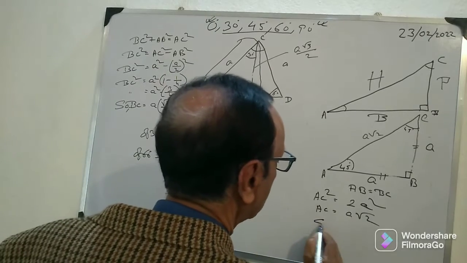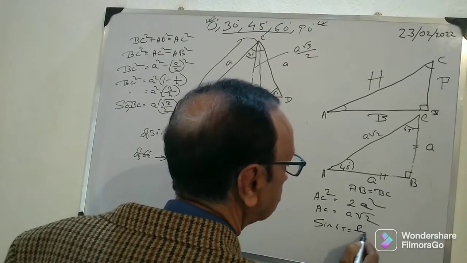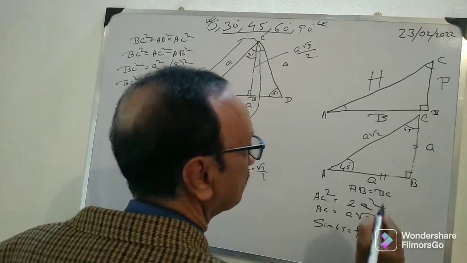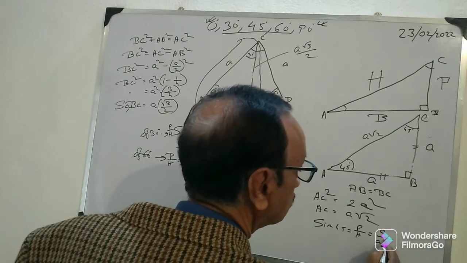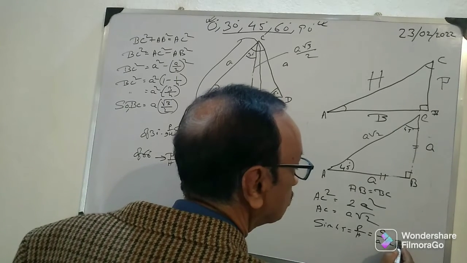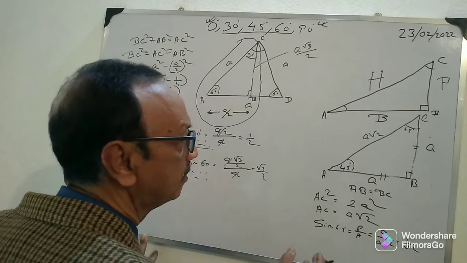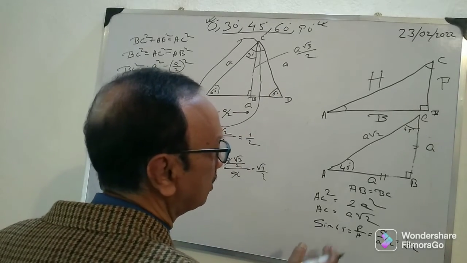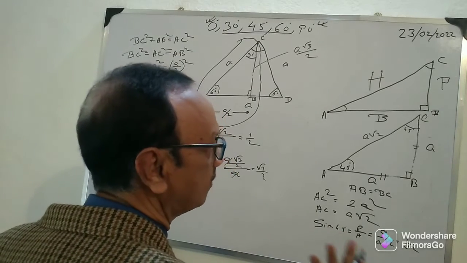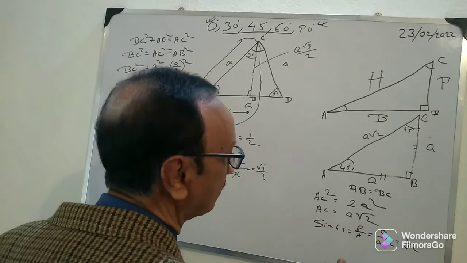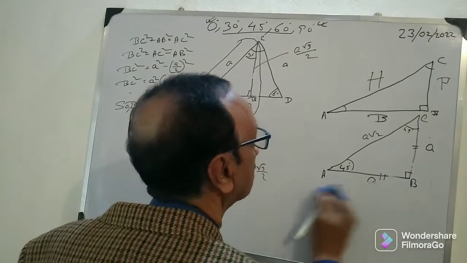Again, sine 45 will be perpendicular by hypotenuse, so A by A root 2, which is 1 by root 2. Similarly for cos 45, tan 45, cot 45, cosec 45, sec 45, you can get every value.